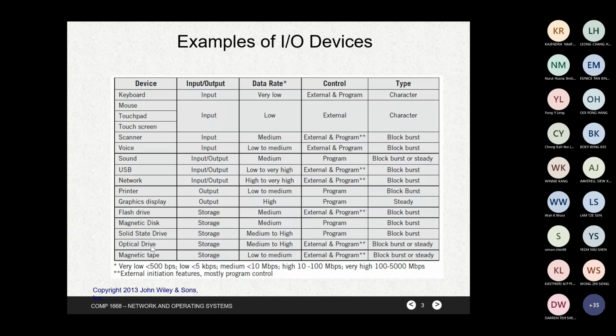And each I/O device has its own rate, what we call the data transfer rate. The basic measurement is bps, bits per second. Anything lower than 5K bps is considered low. Medium is less than 10 meg.